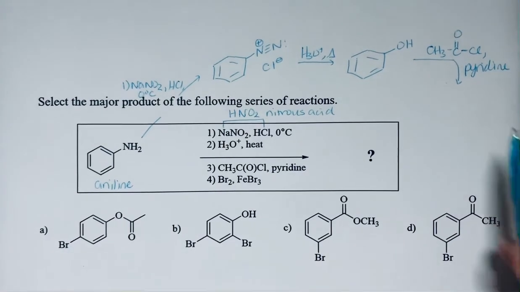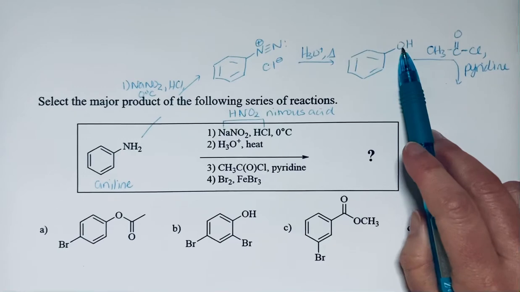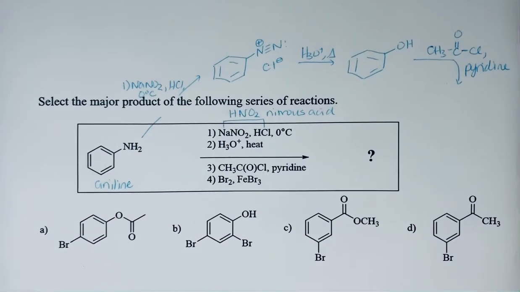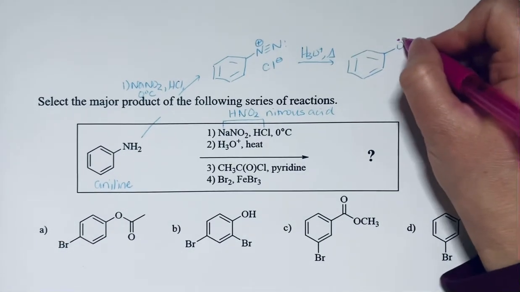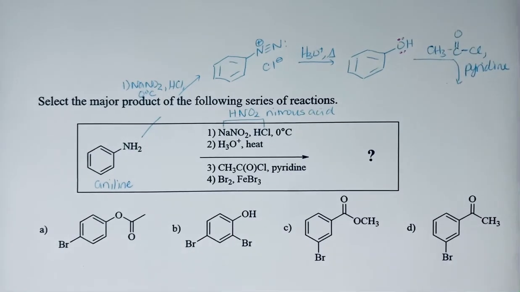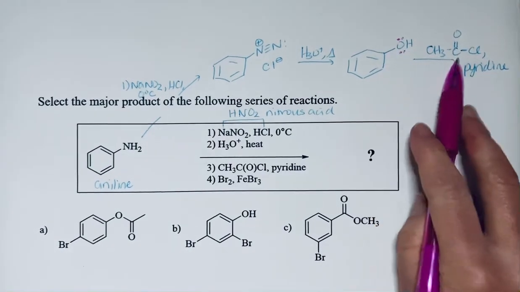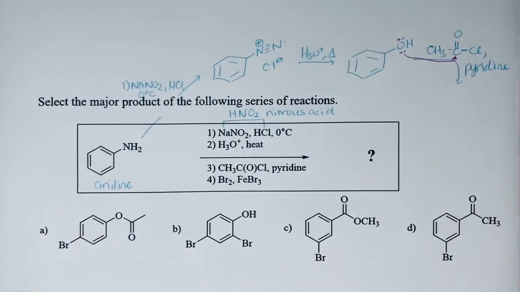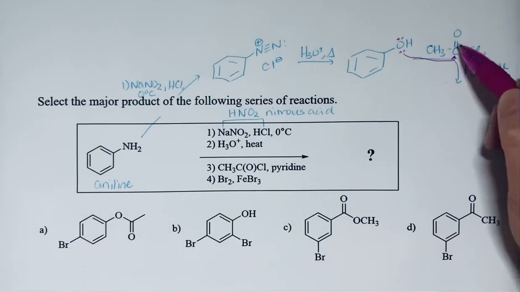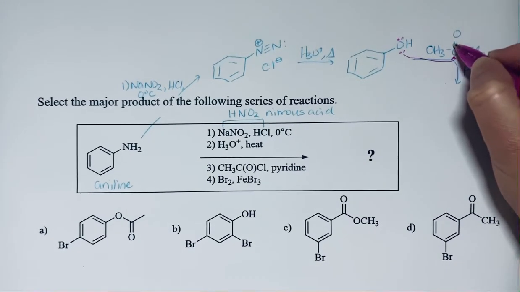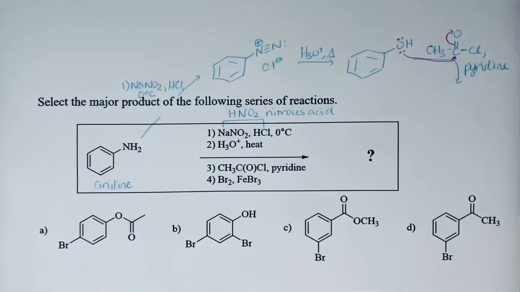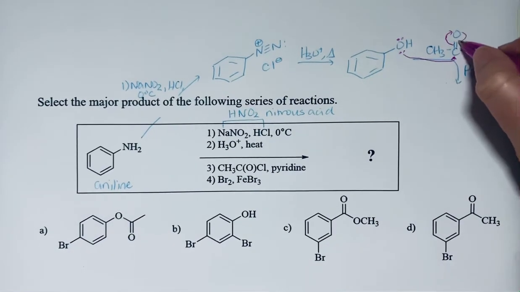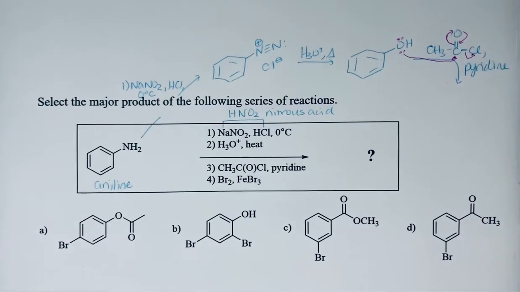So this is a reaction where your oxygen of your phenol is going to act as a nucleophile. So I'm not going to draw the full mechanism here, but just enough to get us to the product. So that's a nucleophile, and the carbonyl carbon is electrophilic. So this is going to attack that electrophilic carbon. We know that there's actually quite a few steps to this, that these electrons are going to come up onto the oxygen. You'll get a tetrahedral intermediate. That tetrahedral intermediate would then collapse and push off the leaving group chlorine.